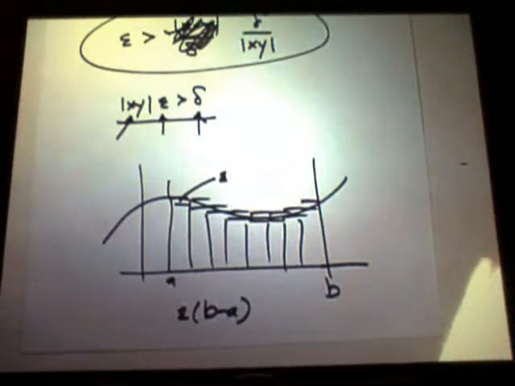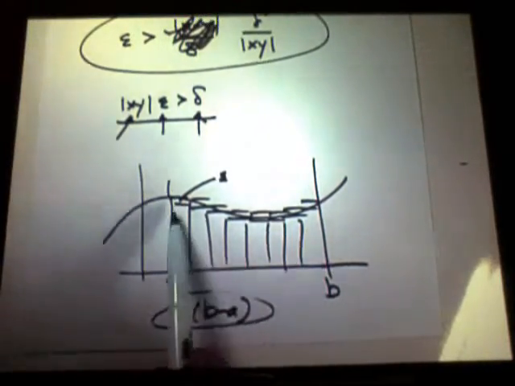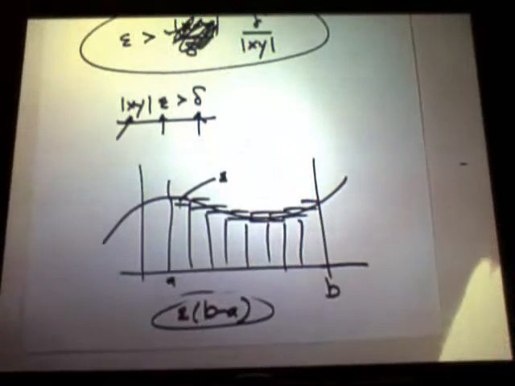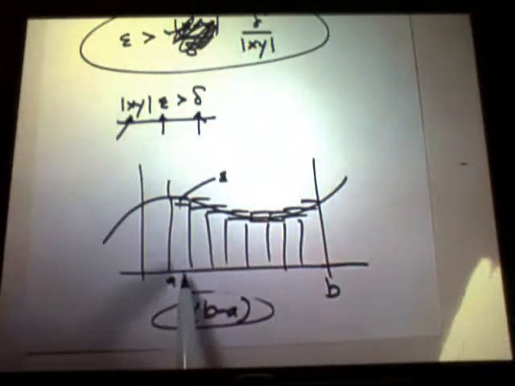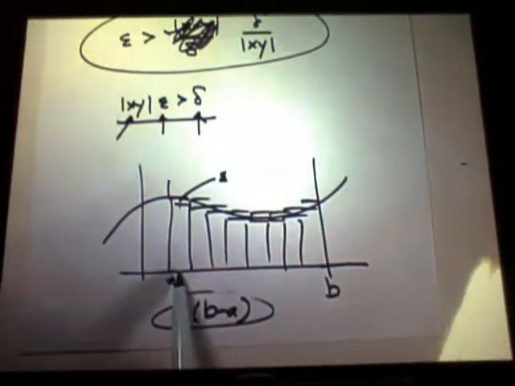If I come in under and come in over each time, the difference between the overestimate and the underestimate is never going to be greater than this, if I can control the individual errors by the epsilon. By making it smaller, smaller, making the error smaller. Right. But can I do this? Can I say I would like the mesh of the partition to be no greater than delta?